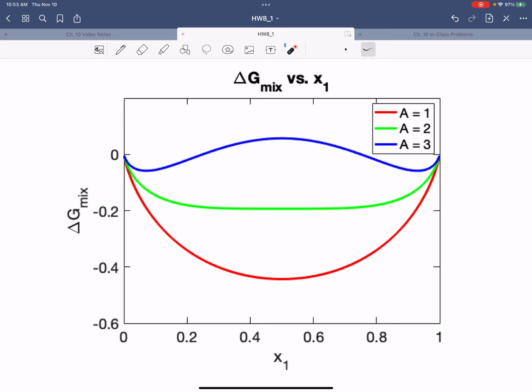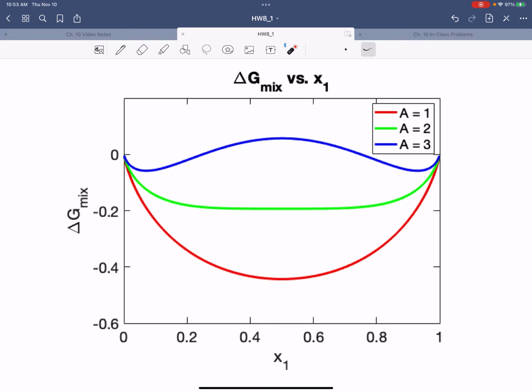When we increase A to 3, we now see that the excess term begins to win out. And now our curve, instead of just being a regular parabola, has a more complicated shape, where we have multiple minima, and we also have a maximum in our curve.